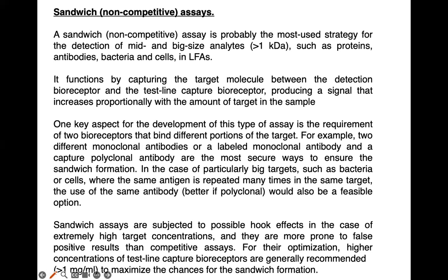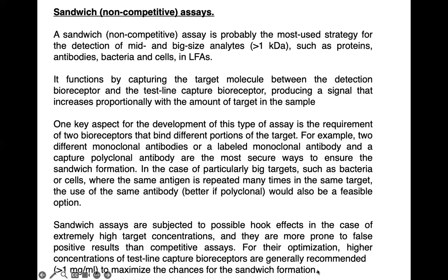But you see that the concentration of the antibody required for non-competitive assay is more than 1 milligram per mil to maximize the chances of sandwich formation.